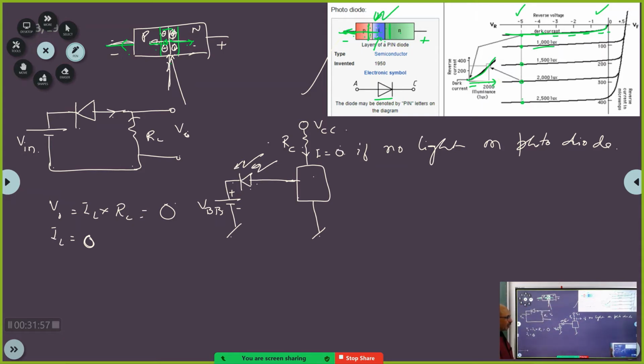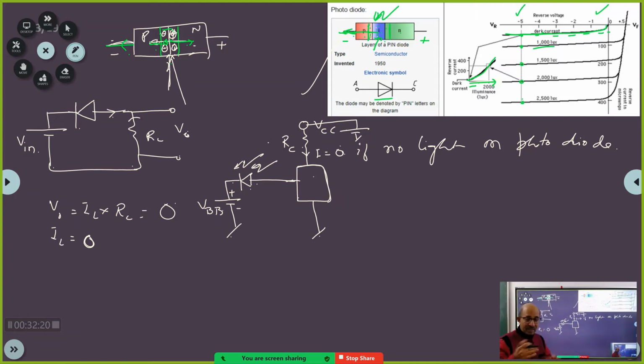That VCC potential is there, that is not affected by the diode. No, see, it is not affected by the diode. It is just a voltage source. I have not told what is there inside this. See, this is just a voltage source like this.